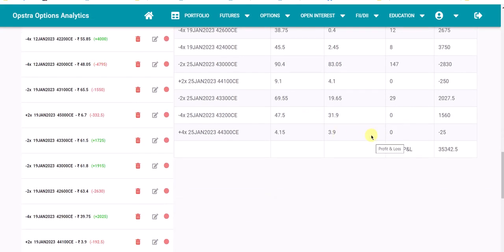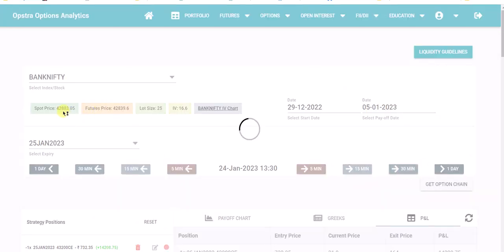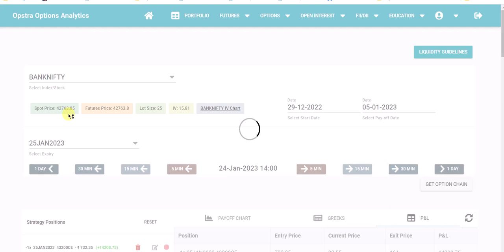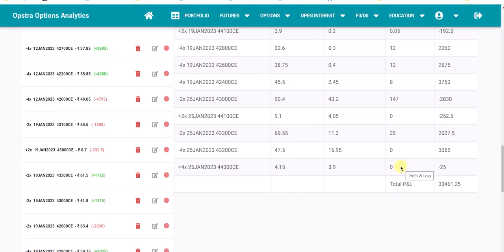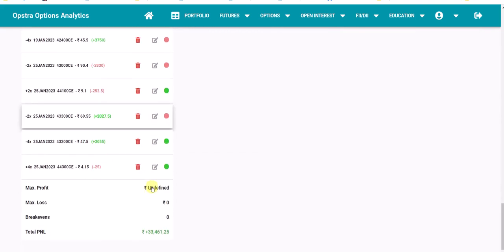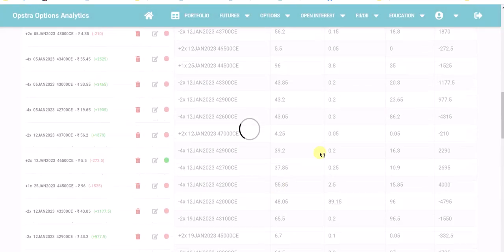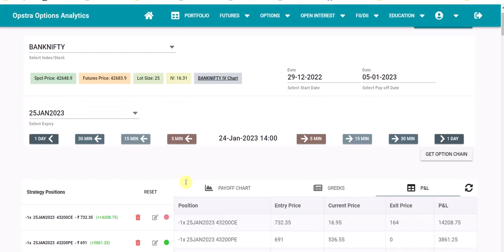There is some reversal, but yeah, we have not been impacted. So not much movement again. So here I'll book this and come closer somewhere around 40 to 50. And get option chain.